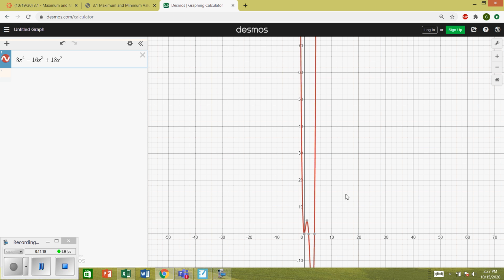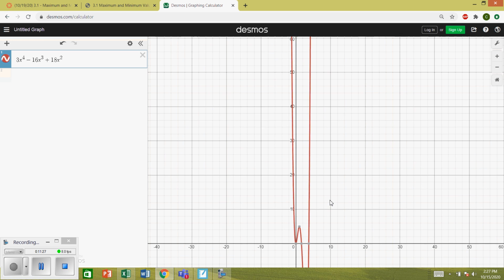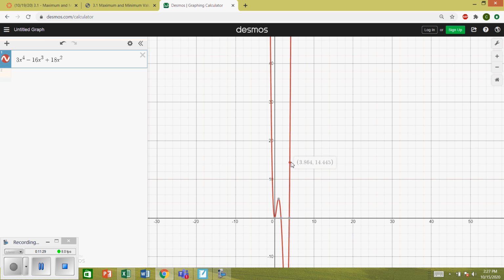And looking at my sheet here, at positive 4, I think it is 32.